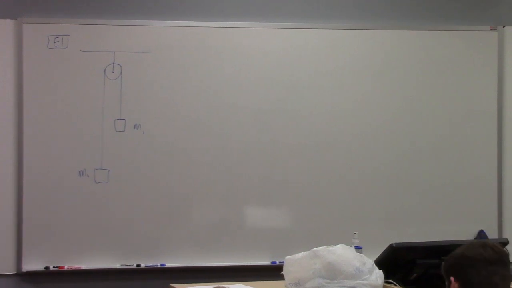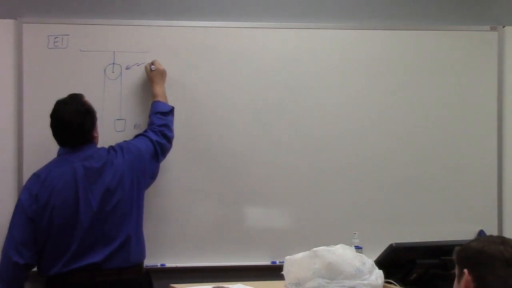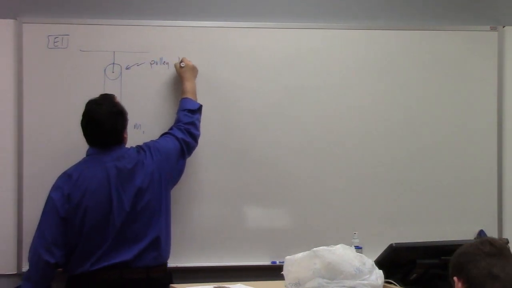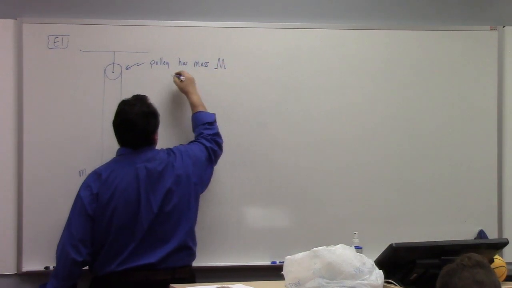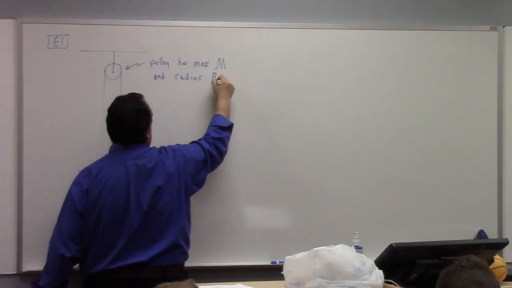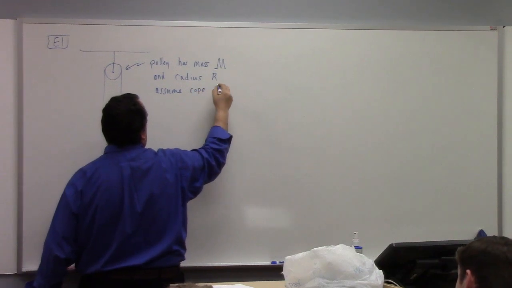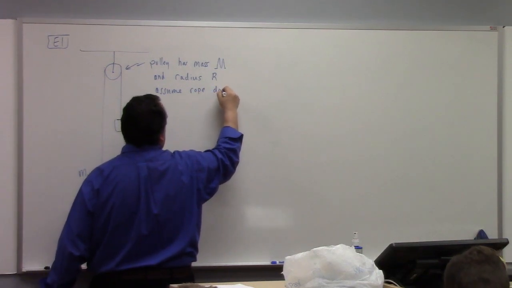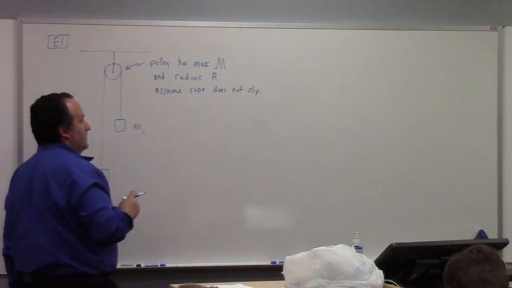But this time we're going to assume that the pulley actually has mass. So the pulley has mass big M and radius R. Assume the rope does not slip, all right?